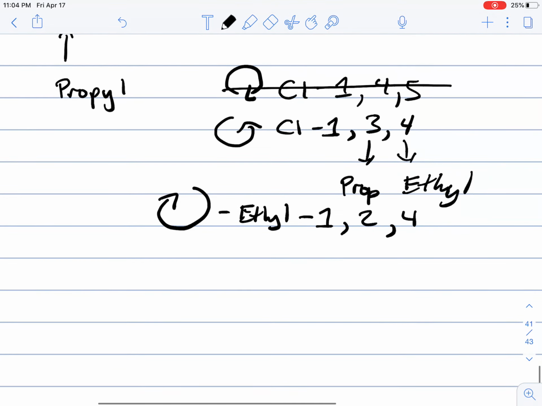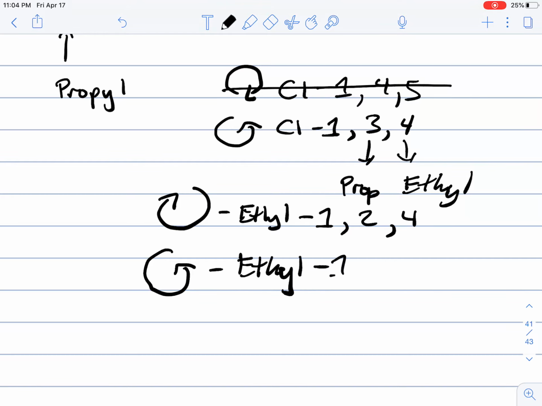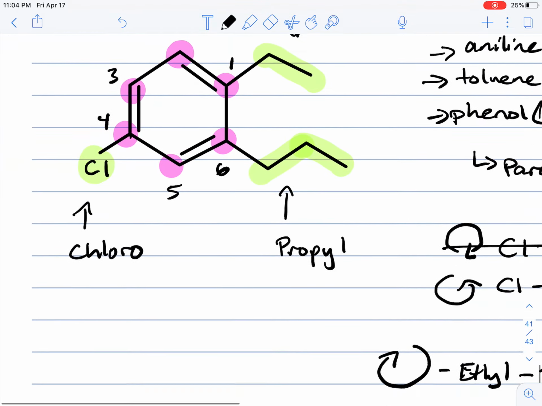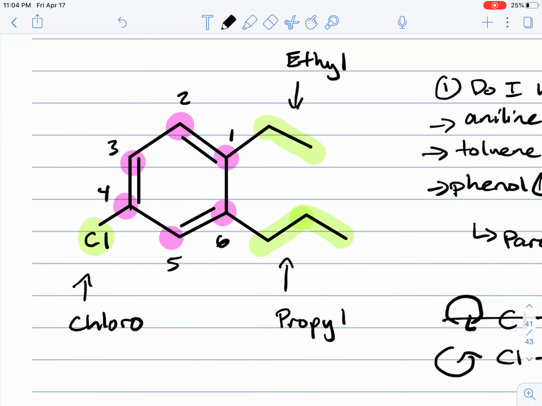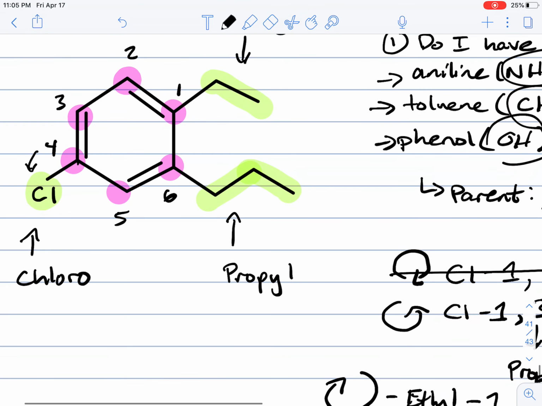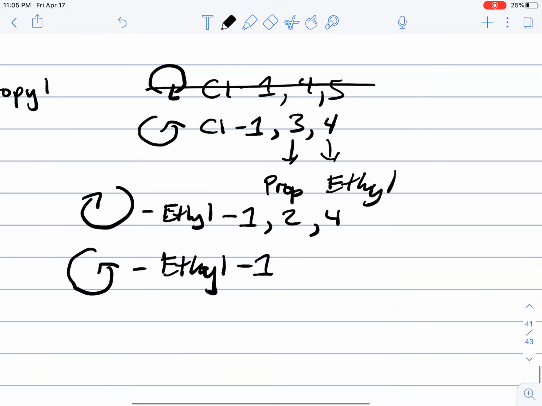If I go counterclockwise with ethyl being number 1, I can see that chloro is going to be on carbon 4, and propyl is going to be on carbon 6. So between the two ethyls, it looks like this is the wrong combination.